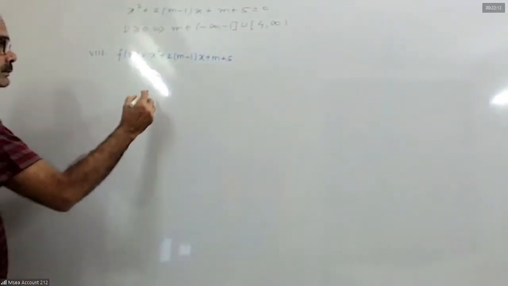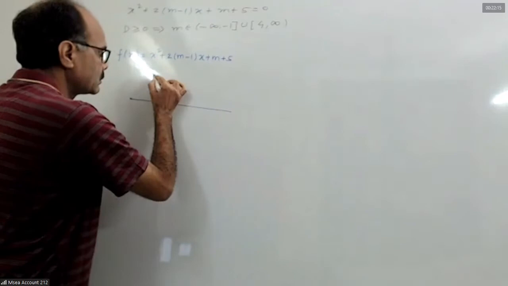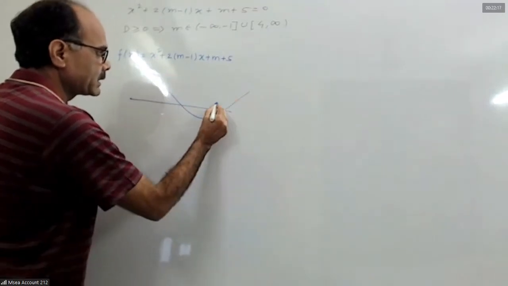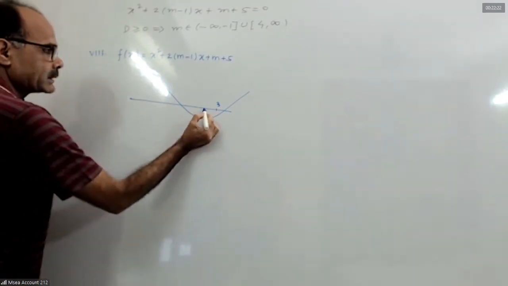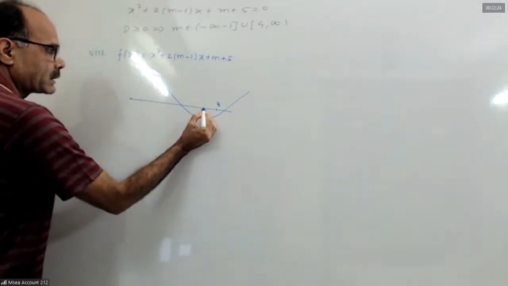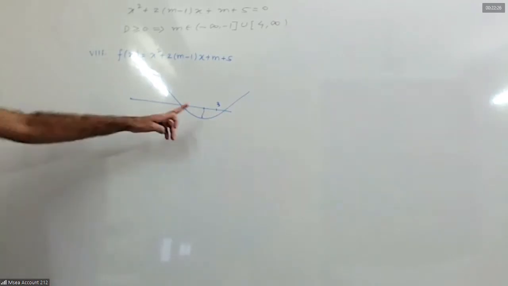We want the graph of this function to be like this. 3 can be here, here, anywhere. Obviously, in all cases this is minus b by 2a, the turning point, where the derivative is 0.